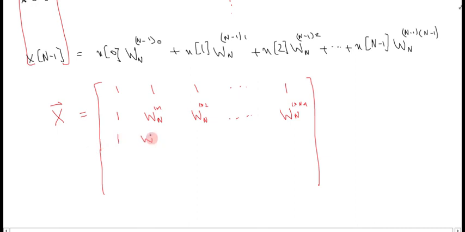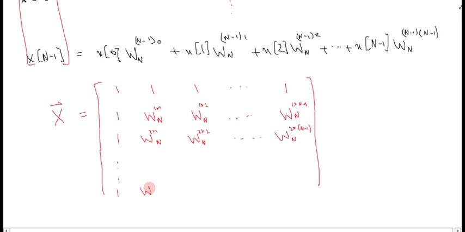and here we have wn raised to power 2 into 1. Here we have wn raised to power 2 into 2, and so on up to wn raised to power 2 into n minus 1, and it keeps going.